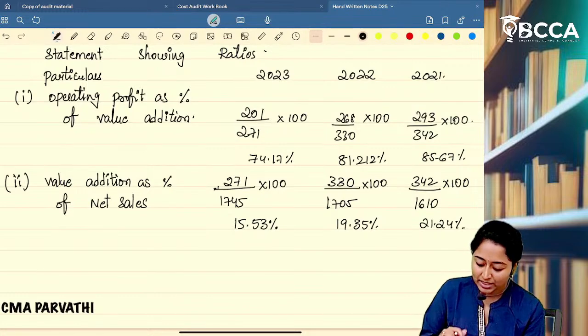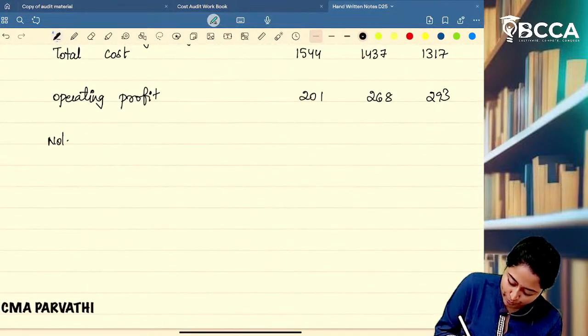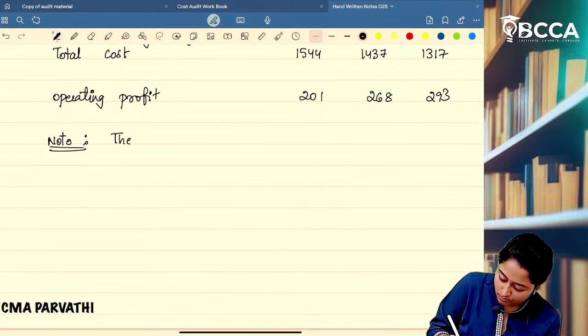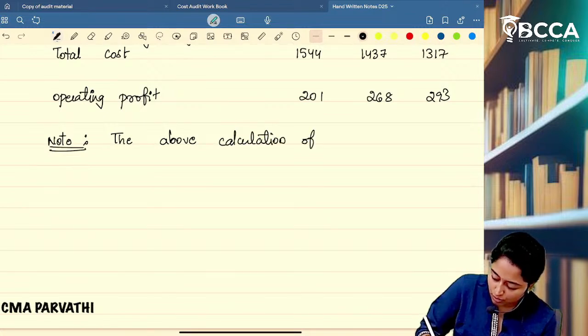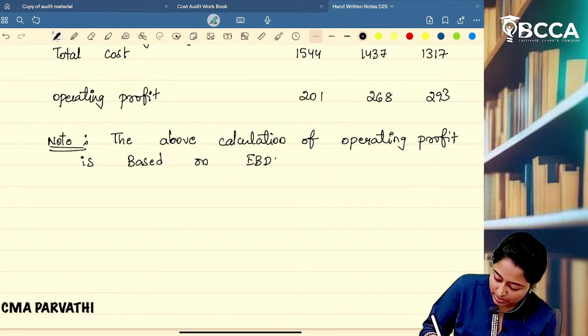Okay, and here after operating profit we forgot to write the note point. The above calculation of operating profit is based on EBDIT.